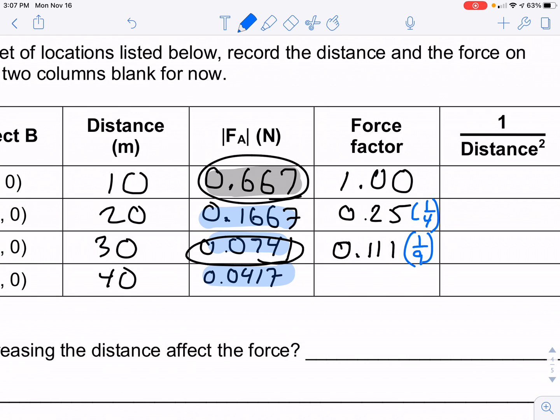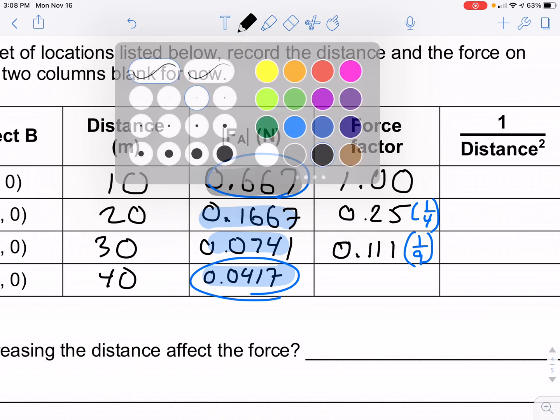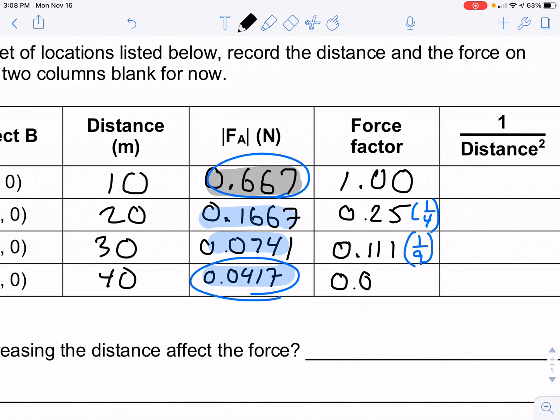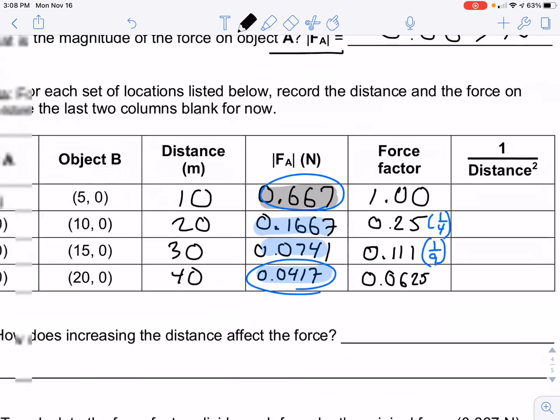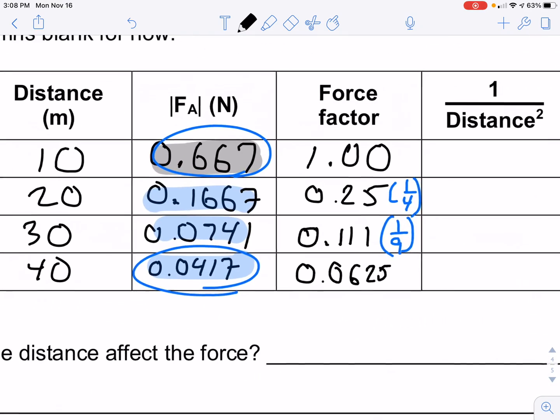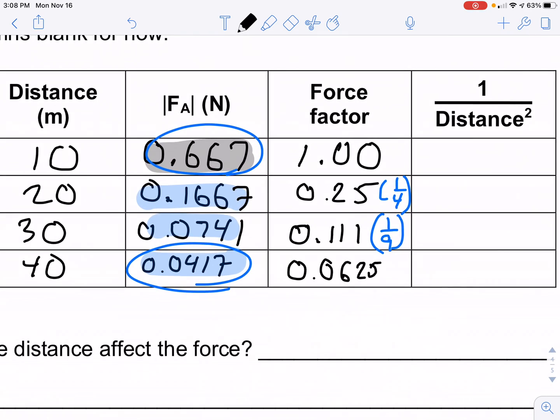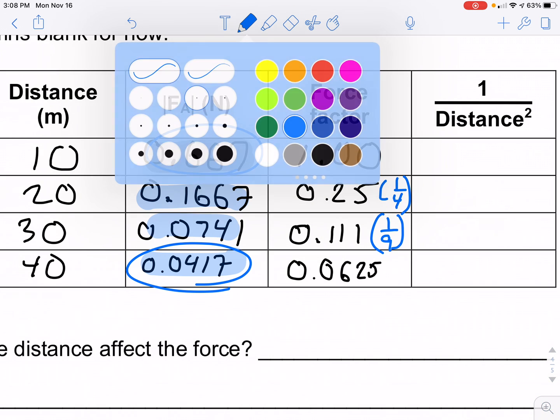Okay, and then lastly, if we take this value here, 0.0417, and divide it by the original force, we get 0.0625. Okay, now 0.0625 is 1/16.